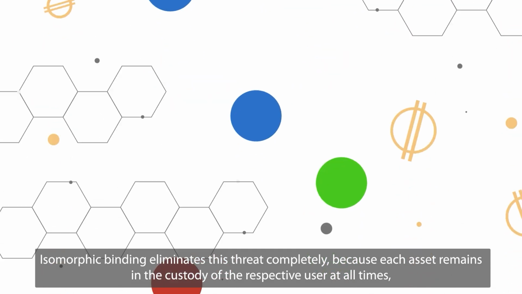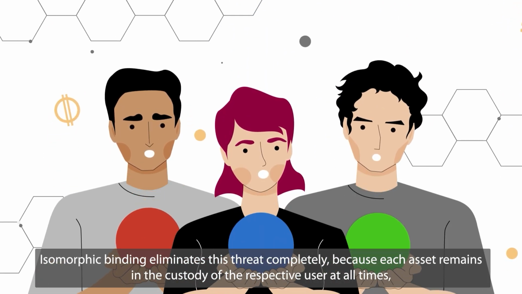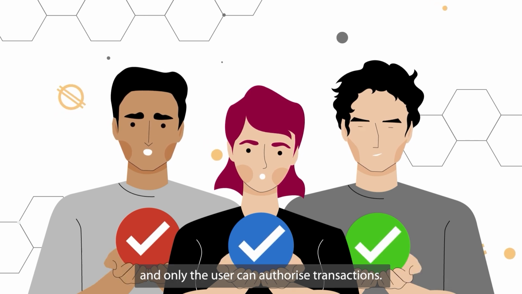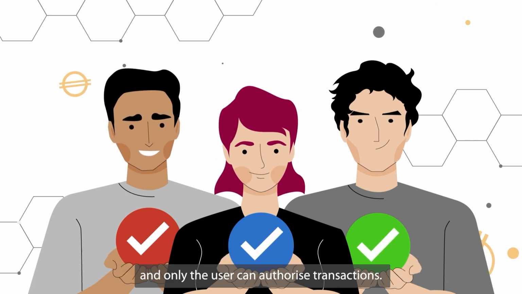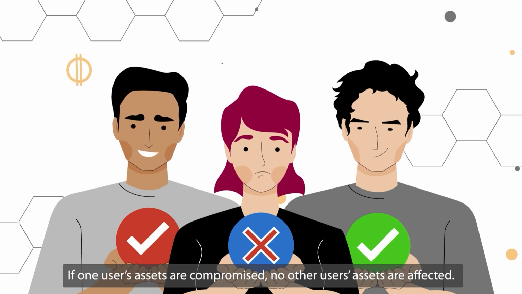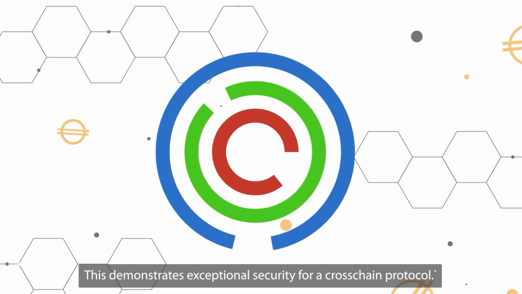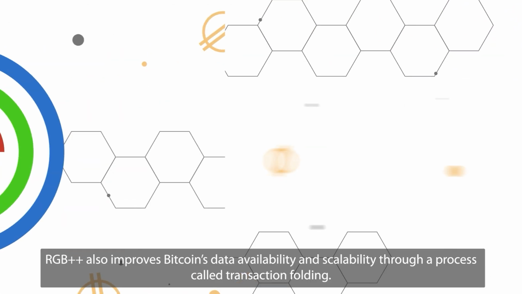Isomorphic binding eliminates this threat completely, because each asset remains in the custody of the respective user at all times, and only the user can authorize transactions. If one user's assets are compromised, no other user's assets are affected. This demonstrates exceptional security for a cross-chain protocol.